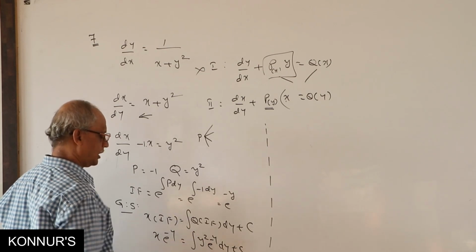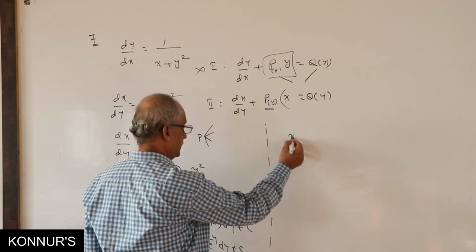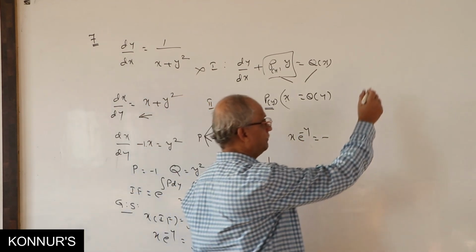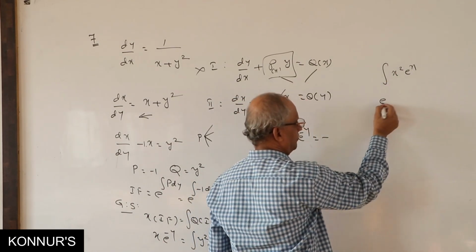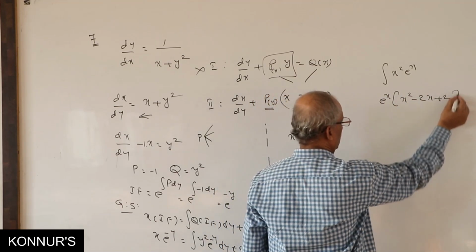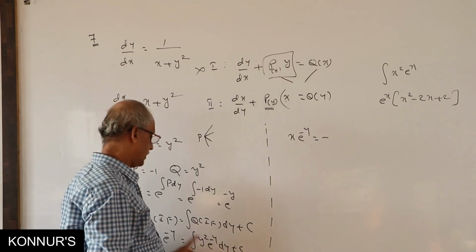Only here minus is extra, not a problem. Take minus outside. So minus of, what is our formula for x square e power x combination? E power x into, alternatively derivatives written down up to constant. But here minus is there, so I take minus outside.